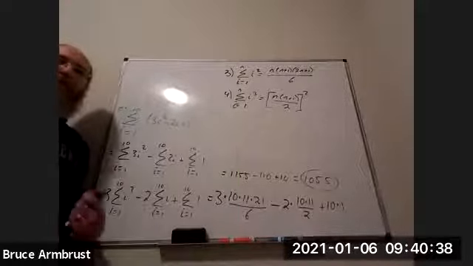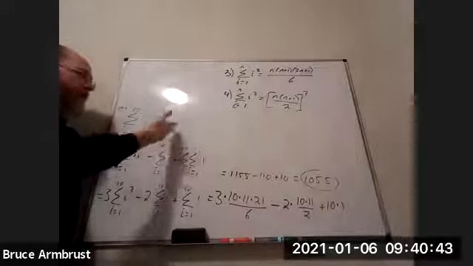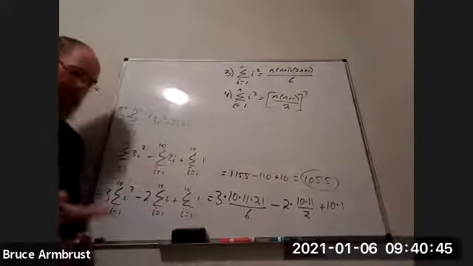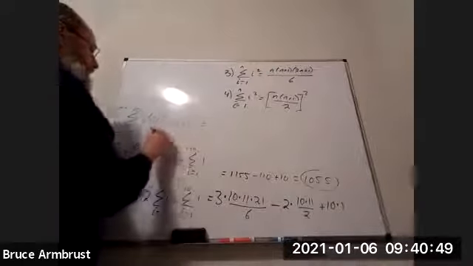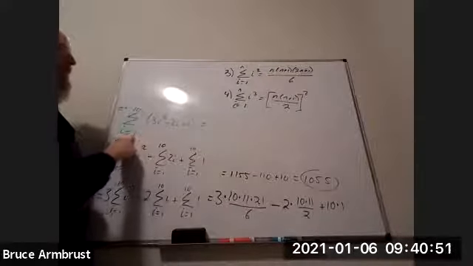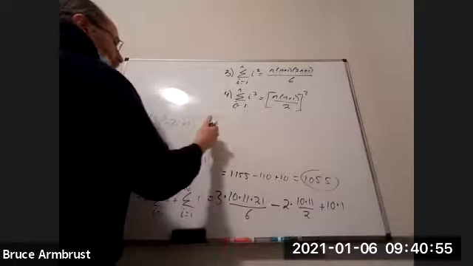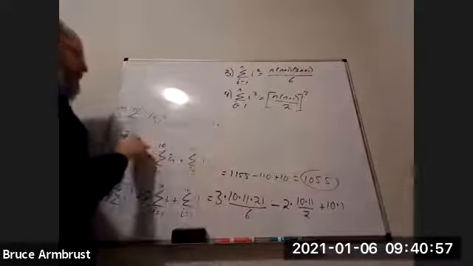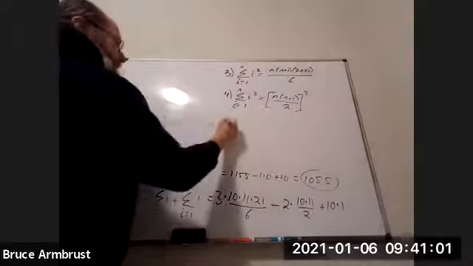So this 1055 is what we would get if we were to write out those 10 numbers and add them up. Here are those numbers. If I plug in 1, I get 3 minus 2 plus 1, which is 2. When I plug in 2, 12 minus 4 plus 1 is 9.